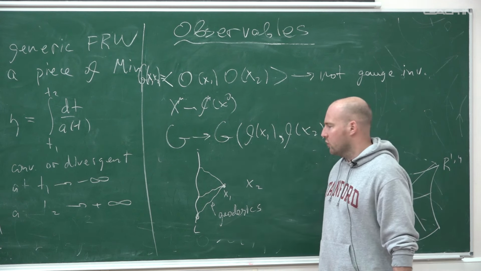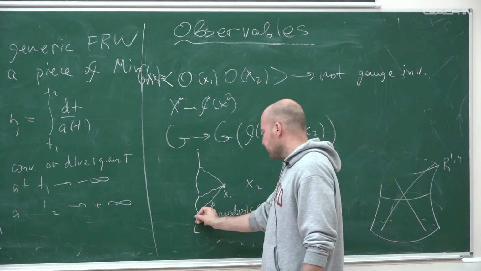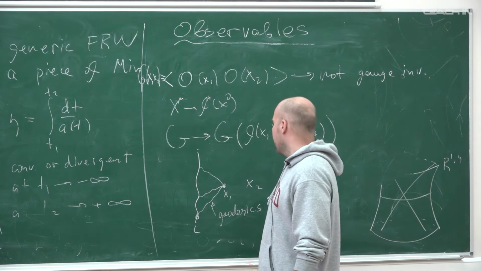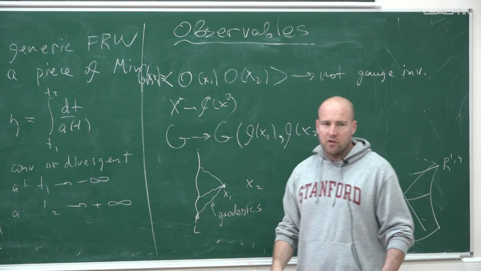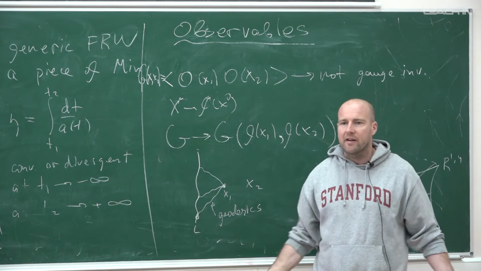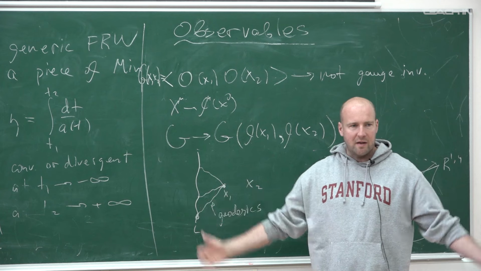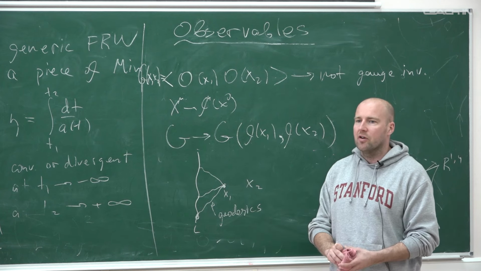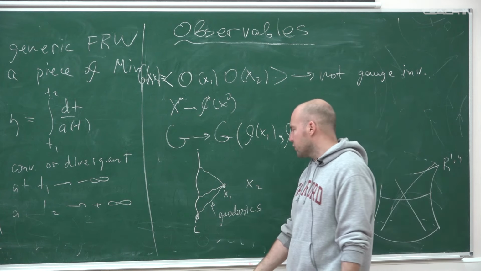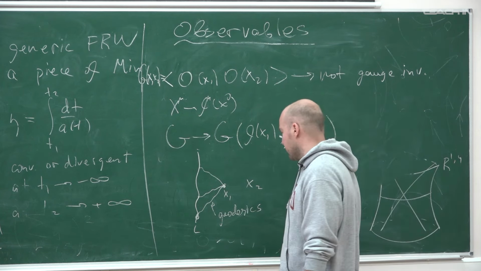So this is a way to define observables in a diffeomorphism invariant way, and that also works in quantum mechanics and in quantum field theory once the metric becomes a quantum object. So there is no big surprise about it. It can be done. You do the same for the point x2, but it's a much more complicated thing than just having a function of 2 points.